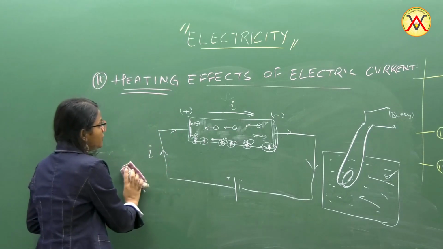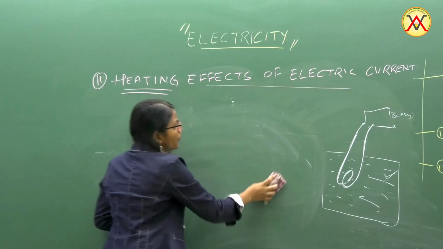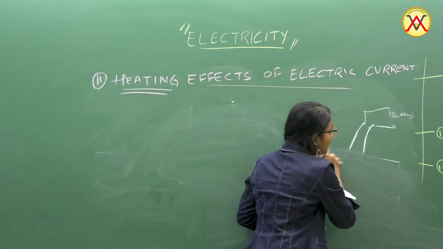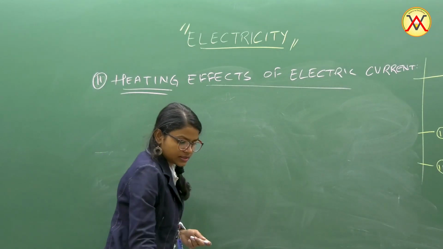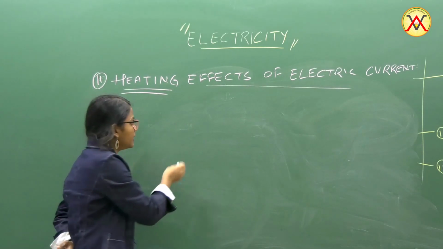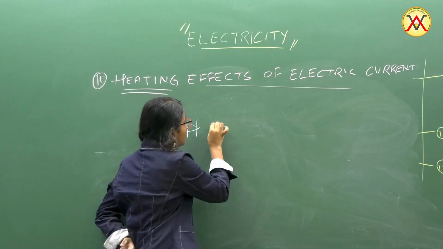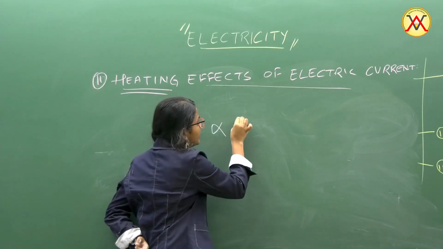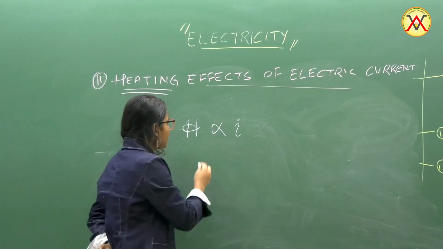Let's move on to the fact that this heating effect of electric current was first noted by Joule, and Joule observed that the heating energy so produced due to the current was directly proportional to the amount of current flowing through our conductor.